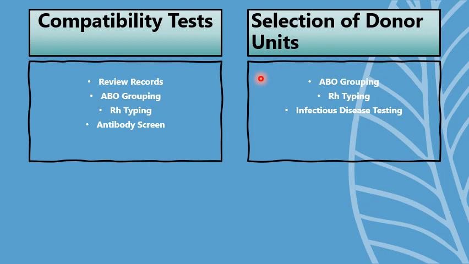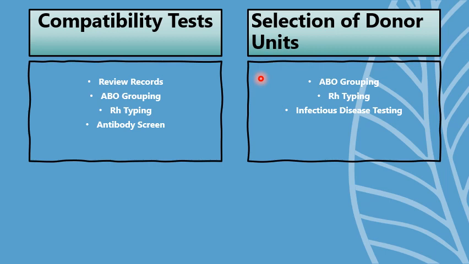In donor unit testing, blood suppliers perform some tests to blood bank components. Ang blood suppliers natin dito is the blood centers, which is the Davao Blood Center and the Philippine Red Cross.